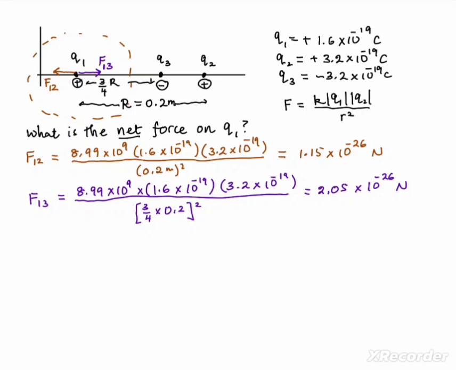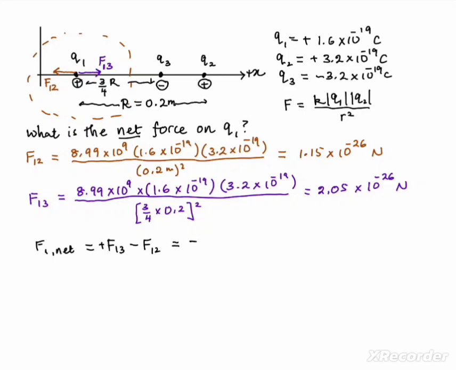So how do we find the net force? F1 net. Both these forces are on the x-axis. It's not two-dimensional, it's one-dimensional. If we take positive as the right-hand side, then we have F13, which is positive, and F12, which is negative.